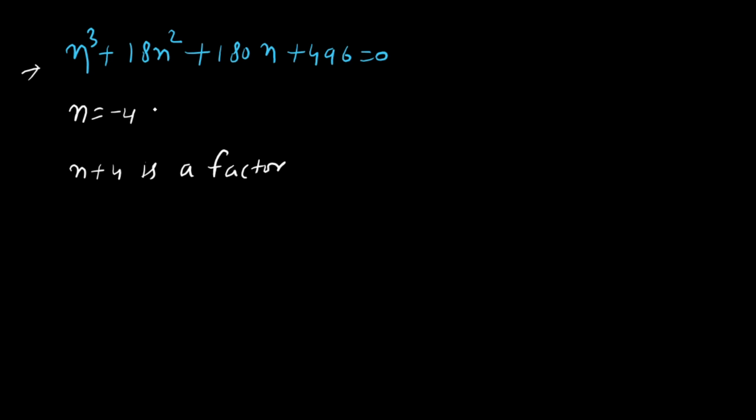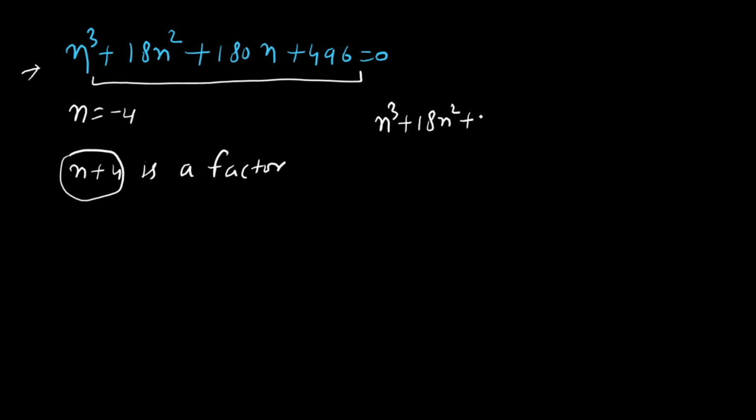Now if this cubic is divided by n plus 4, then the quotient is a degree 2 polynomial. So this cubic n cube plus 18n square plus 180n plus 496 is divided by n plus 4.